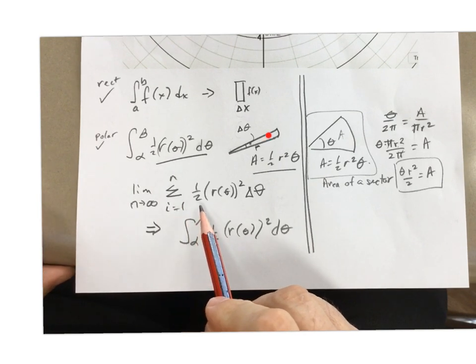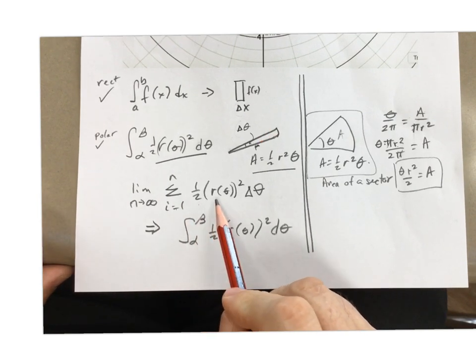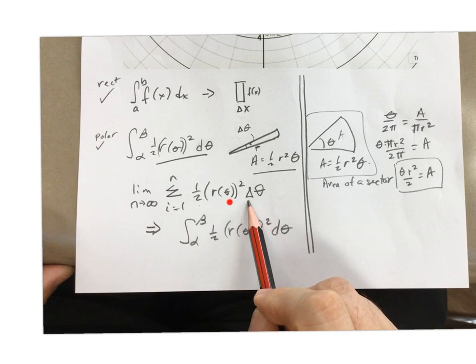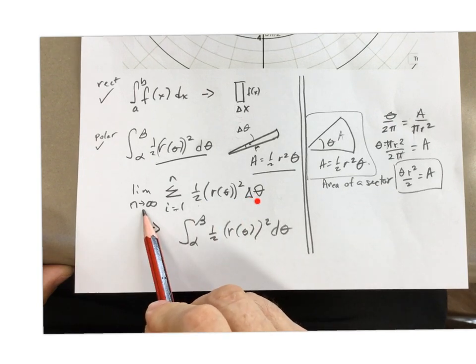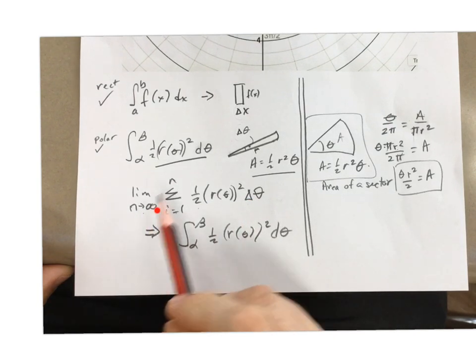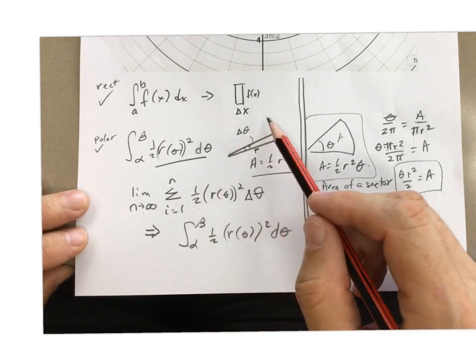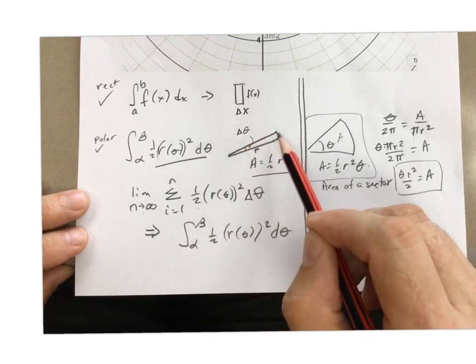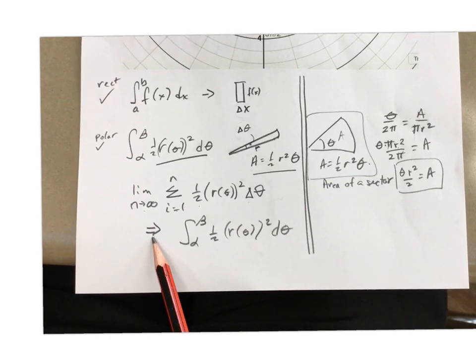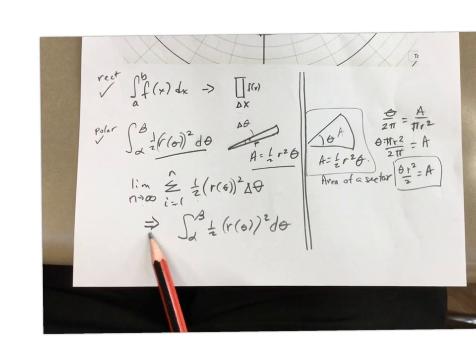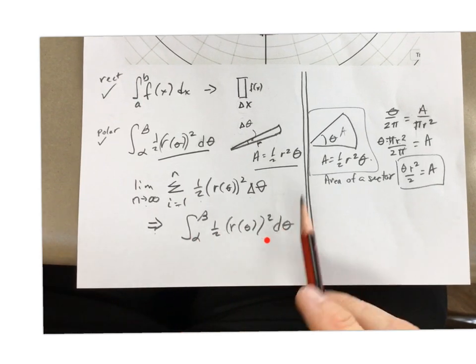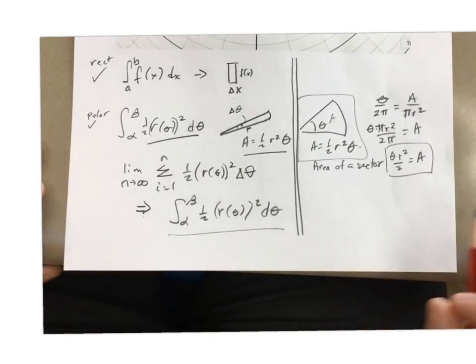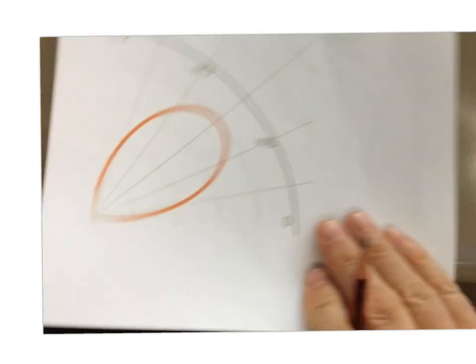I'm going to have a bunch of these little sectors, so 1/2 r squared delta theta, and these little angle measurements are going to go to 0 when n goes to infinity. When that happens, big summing machine, we end up with the formula for the area of a sector of a circle.